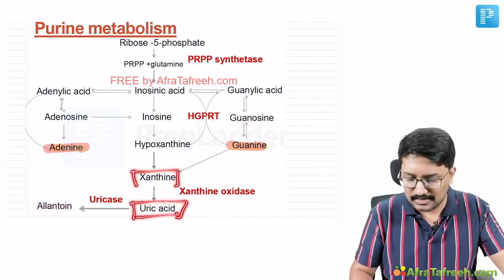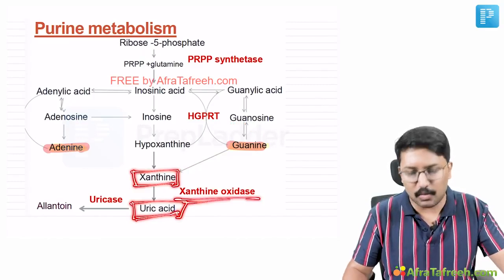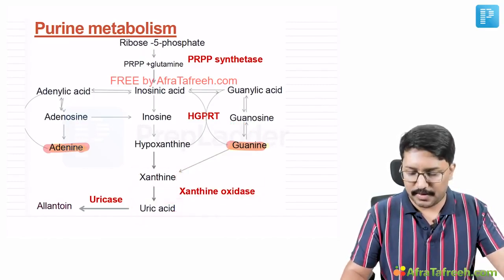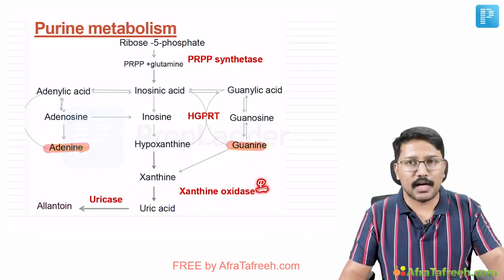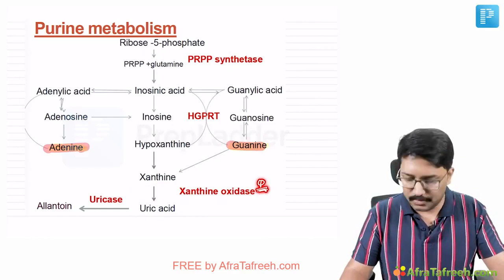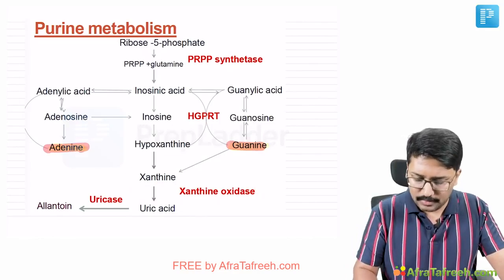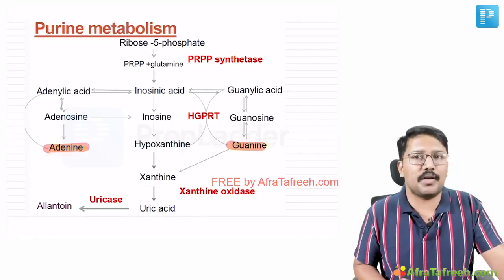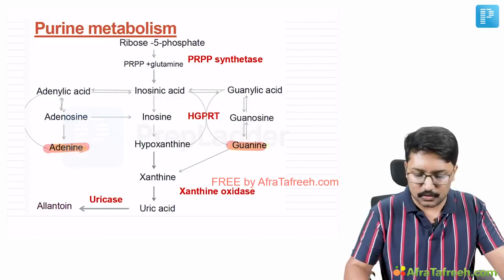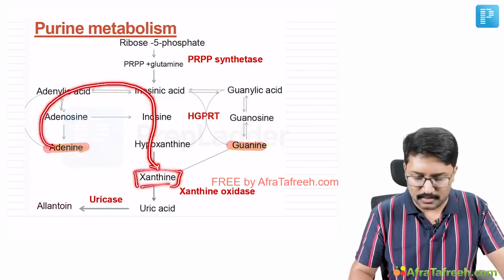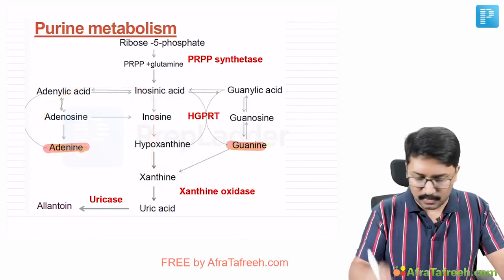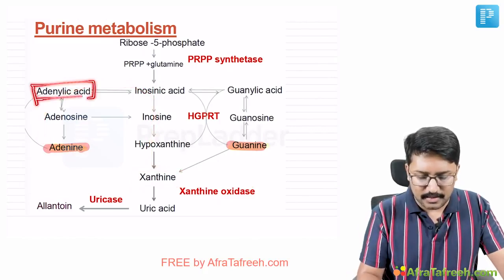So this xanthine is converted to uric acid by an enzyme called xanthine oxidase. This is in fact a very important target for our pharmacotherapy of hyperuricemia and gout, right? Okay, and if you look at this, adenine cannot be directly converted to xanthine, so it has to go through complex steps to be converted to xanthine, right? So this adenine has to be converted to adenylate acid.